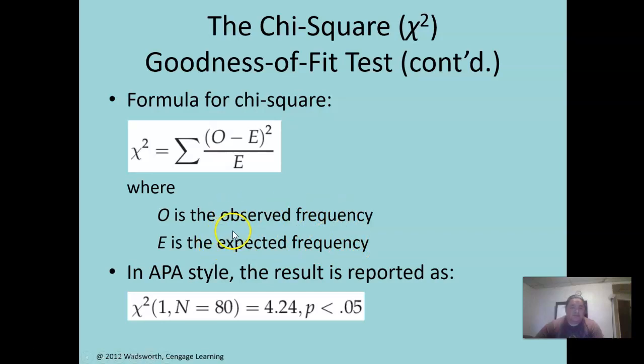In APA style, we have chi-squared, 1, the degrees of freedom, n equals 80, and this is equal to 4.24 for whatever test they did, and alpha was less than 0.05.